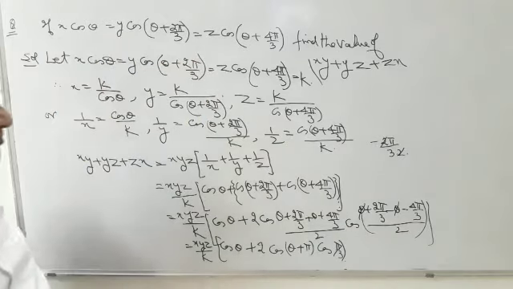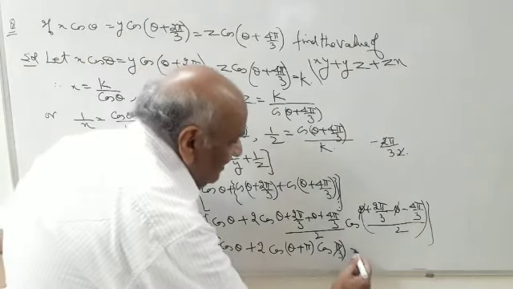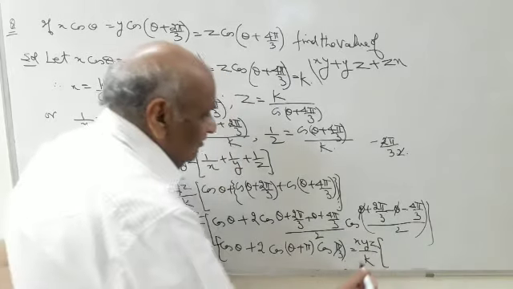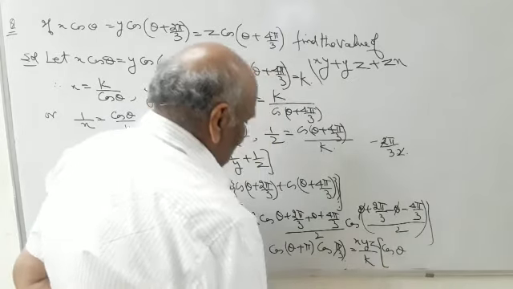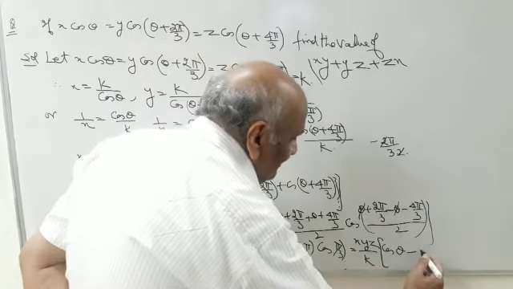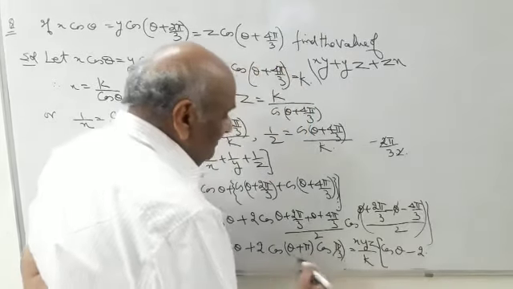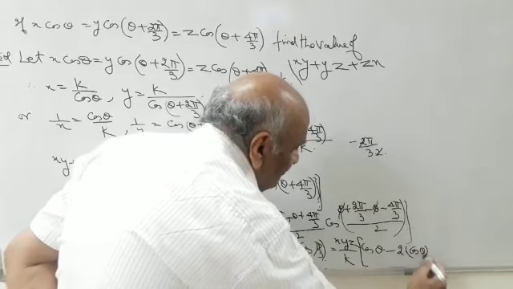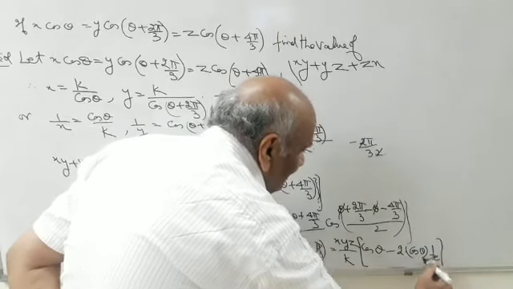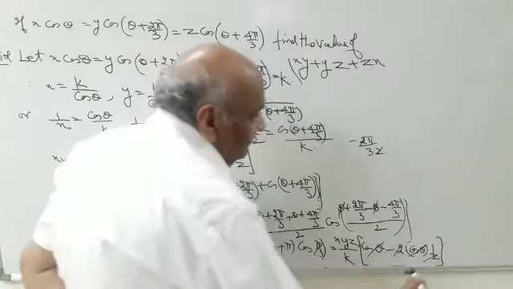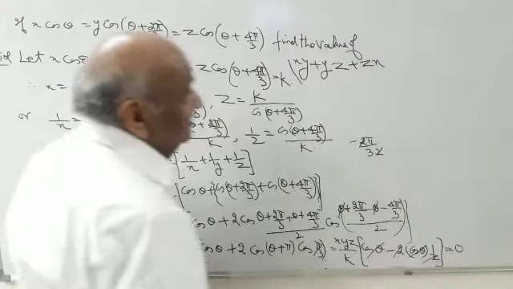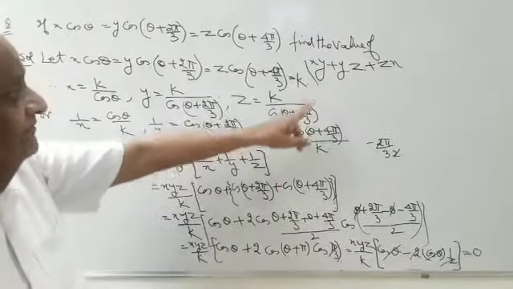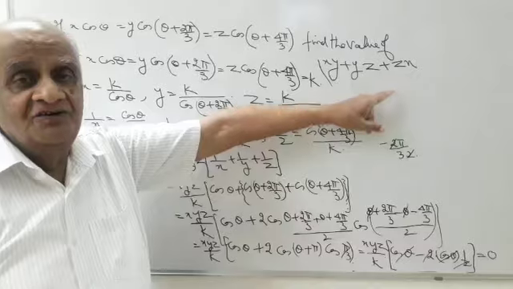Look, and you know it is equal to xyz upon k into cos theta, then we have minus here 2 cos 180 plus theta minus cos theta into half. This will cancel out, cos will go, the value is 0. Therefore, the value of xy plus yz plus zx is equal to 0.